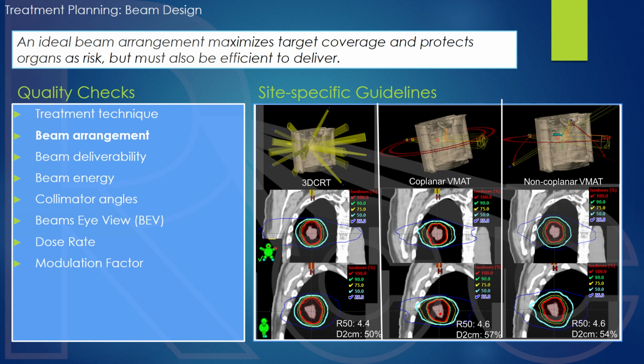There is another question also about the beam arrangement from Hausa. Is it mandatory for one arc to be 180 degrees? Yeah, so no, it is not mandatory. If you select a 180-degree arc, that tends to ensure that you have dose conformity. That is, the isodose lines tend to be more symmetric in all directions.